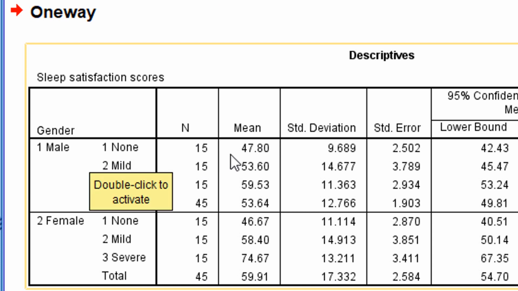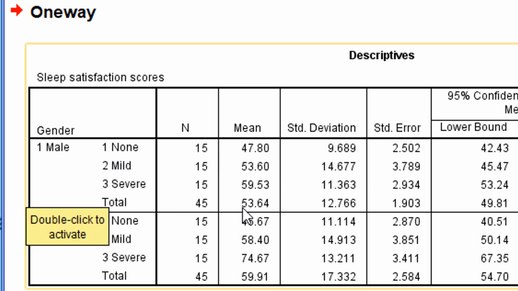For males the mean is 53, 59 for severe depression, whereas for females this is 74, and for females this value is also statistically significant, less than 0.025. So we conclude that the depression level does interact while predicting the sleep satisfaction levels of the females.